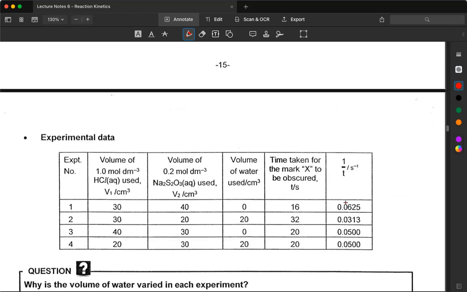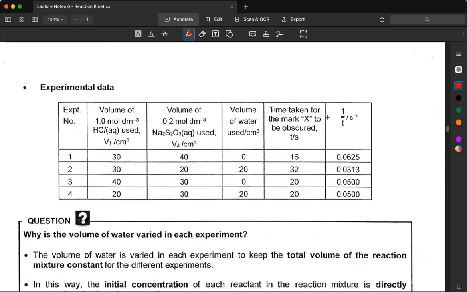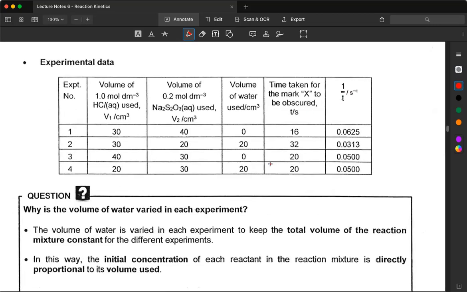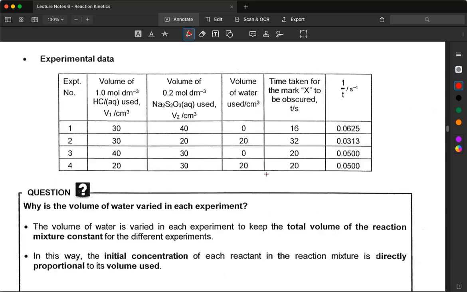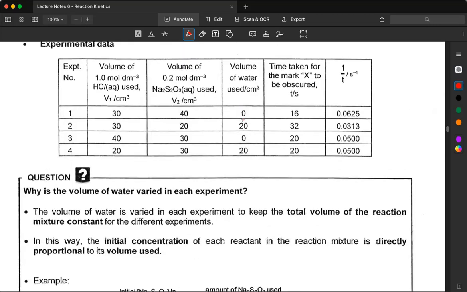So rate is directly proportional to 1 over time. So we just take the time reciprocal of all of them to find the rate. This is not rate, this is directly proportional to rate, okay? Anyway, we are only interested to find the ratio and not the absolute value, to make the comparison. Why is the volume of water varied?